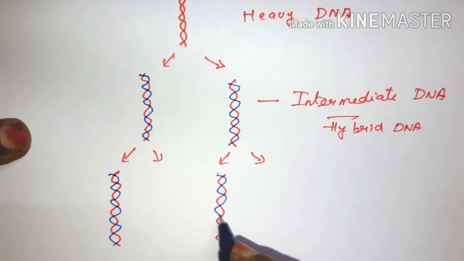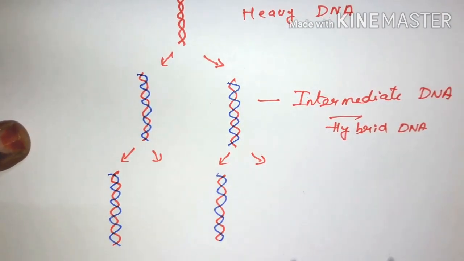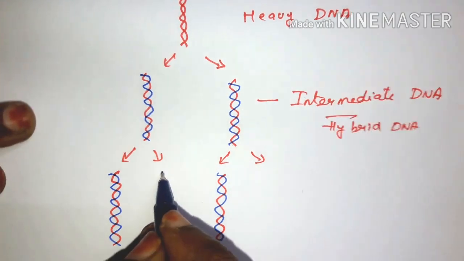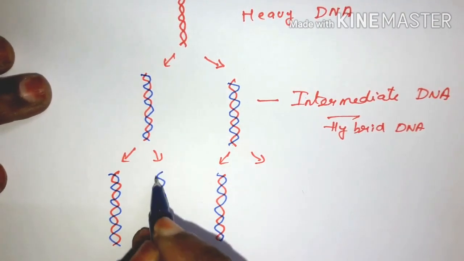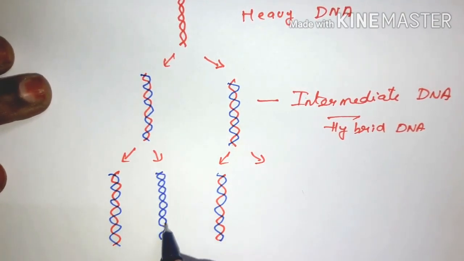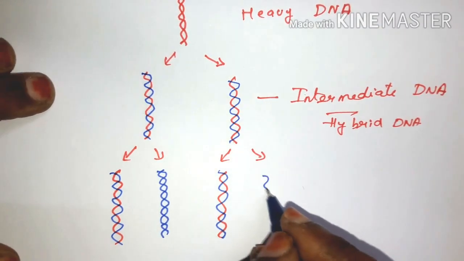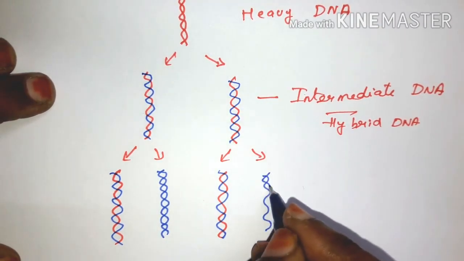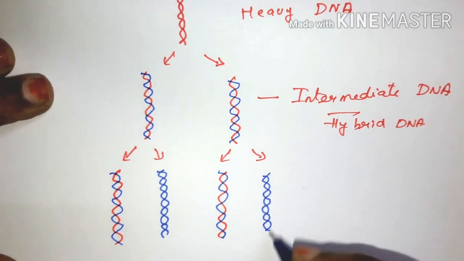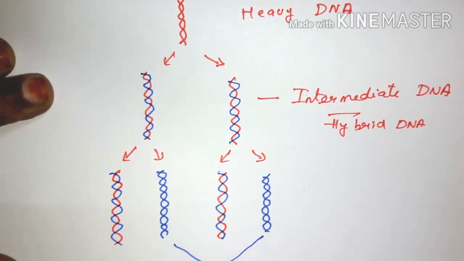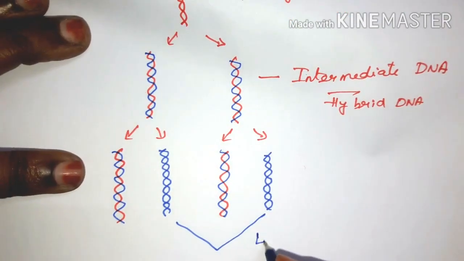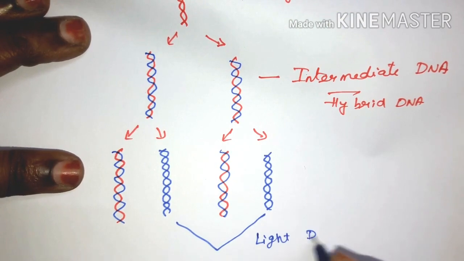But at the same time, a light DNA is also produced without the mingling of old and new, only the new one. These are said to be light DNA.